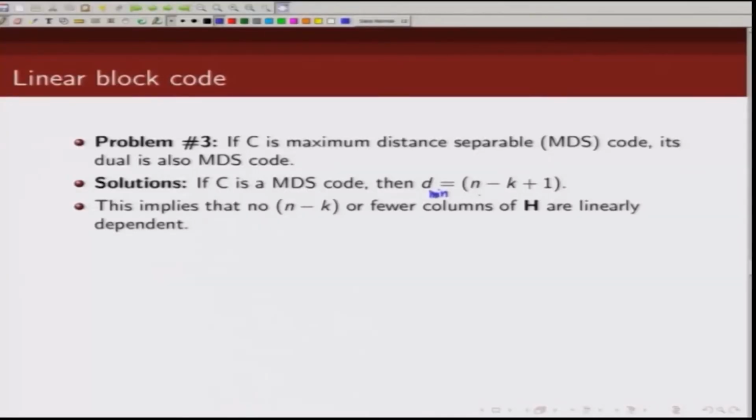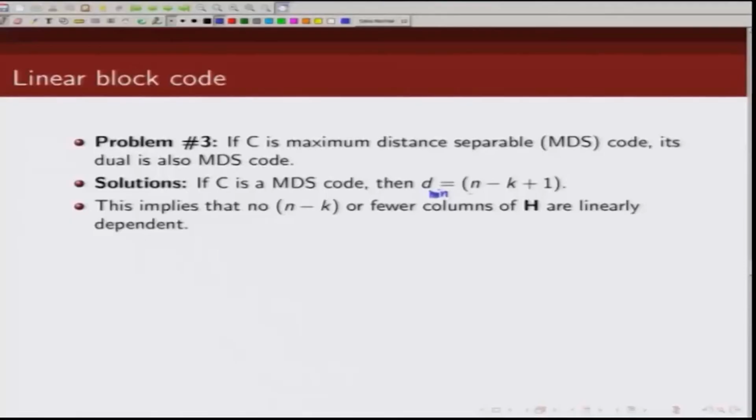If you recall, the minimum number of columns of this parity check matrix which are linearly dependent can be found out from, if we add up the columns of the parity check matrix, the minimum number of columns that add up to 0 is the minimum distance of the code.